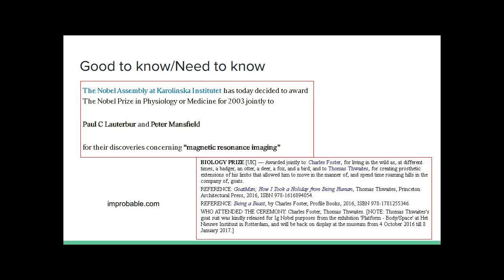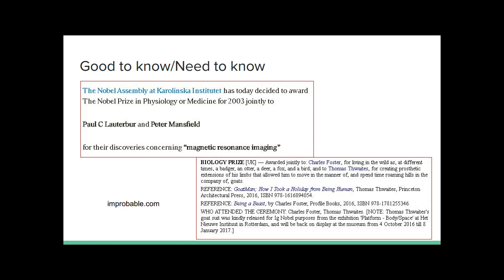What is good to know and need to know? Some people don't understand this. The key reason is they don't know what is important. Now, the first one here is 2003. The Nobel Prize was awarded to Paul and Peter because they discovered the MRI.